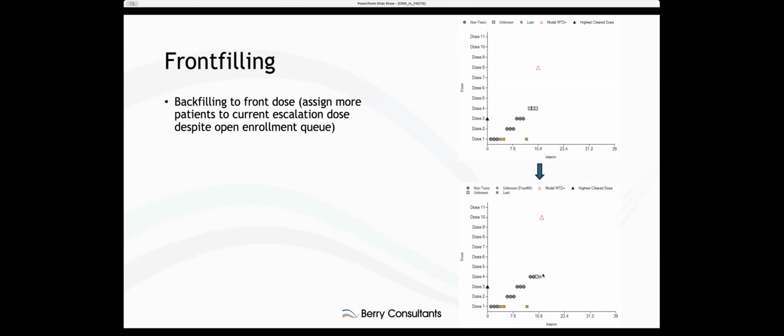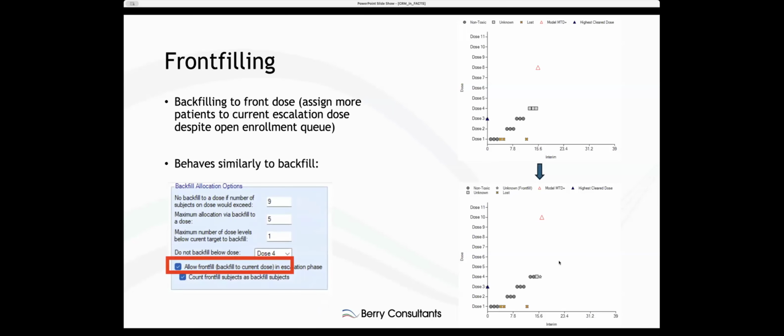And that's possible because we were happy to have 3 patients simultaneously on the current escalation dose. This is something that we can just allow or not allow to happen. Of course, we might learn more if we front fill than if we backfill, but it's also more risky. Sometimes it's very difficult to justify the risk, but in certain cases it might be very useful to do.